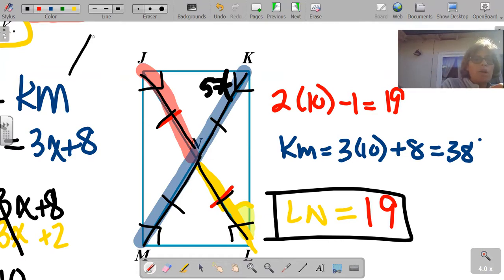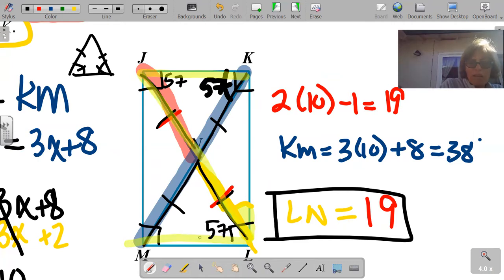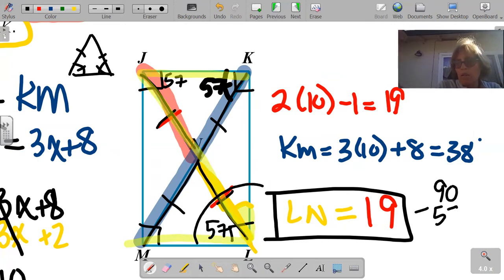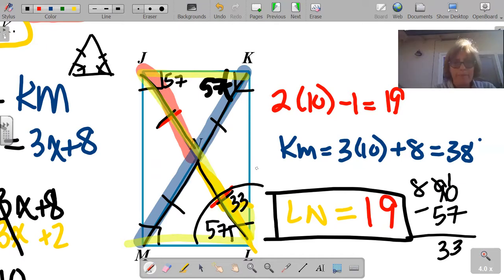So keep in mind you have a bunch of isosceles triangles here. So if that's 57, this would be 57. You have armpits of the Z. This is 57, and then to get this angle here, it's simply 90 minus 57. We're getting 33.